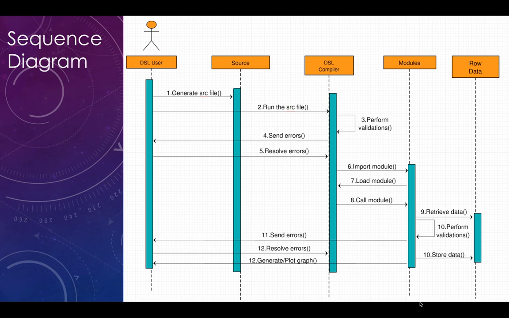If there are any syntax errors, it will throw domain specific errors, and the user needs to solve those errors and run it through the DSL compiler again. The DSL compiler will check the module and import necessary modules, and then call the module, and the module will use the data, retrieve the raw data, perform all the validations, and also perform calculations and mathematical equations and generate a diagram.